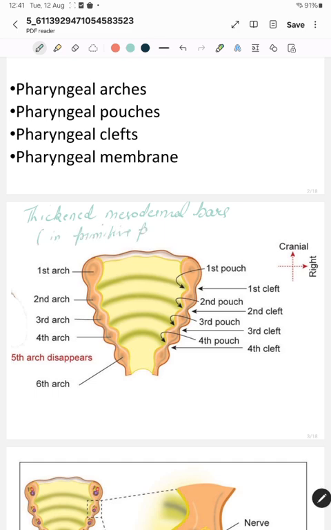To be more specific, floor and lateral wall. So these are the thickened mesodermal bars present in the floor and the lateral wall of the primitive pharynx.